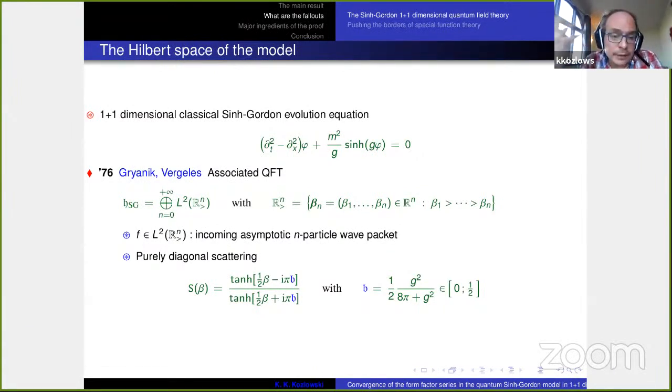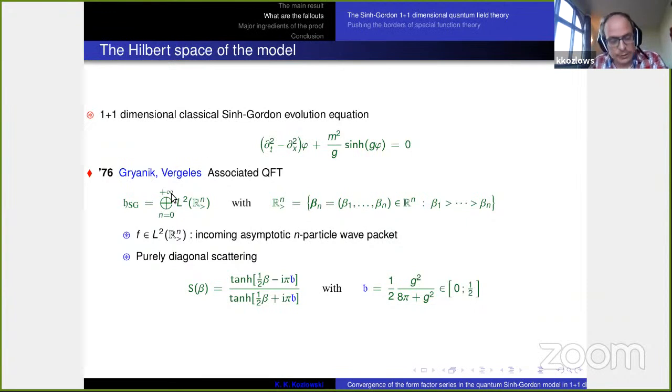So what Grianic and Vergeles argued is that the Hilbert space of the Sinh-Gordon quantum field theory in 1+1 dimension should contain one type of asymptotic particle.